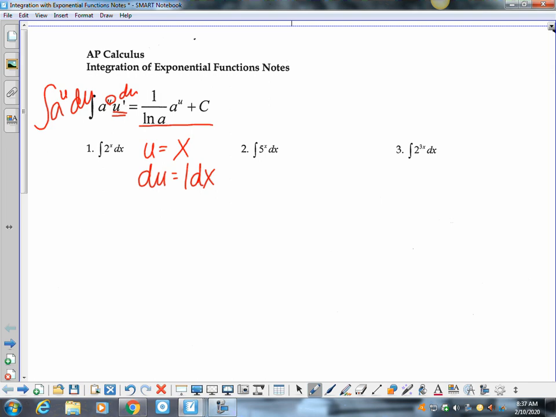I have to have a to the u du. No, 2 is the a. Okay, so here's what I have. I have 2 to the u du.